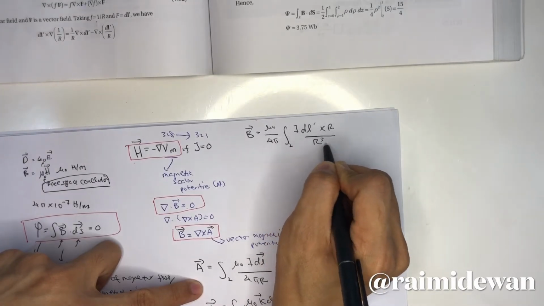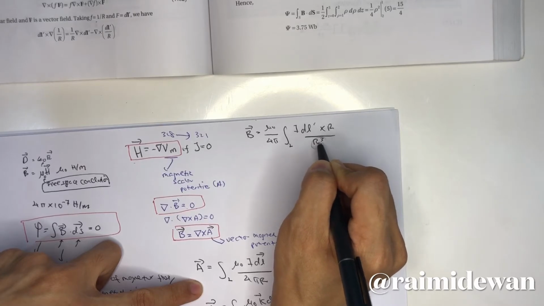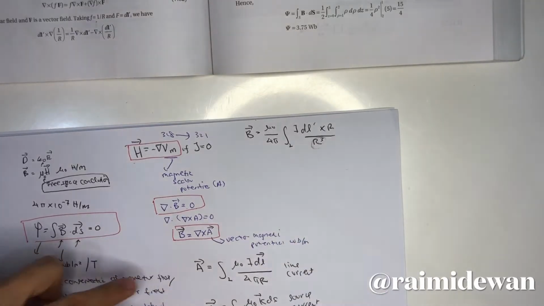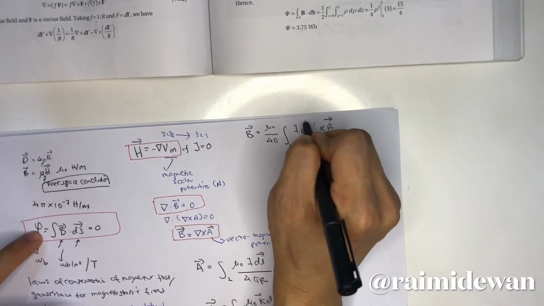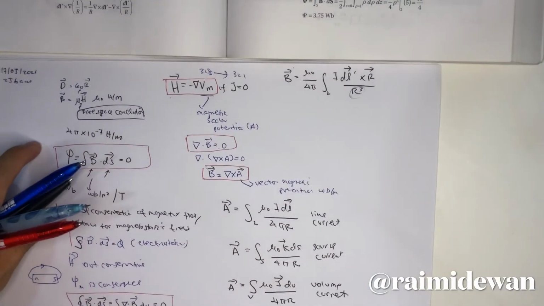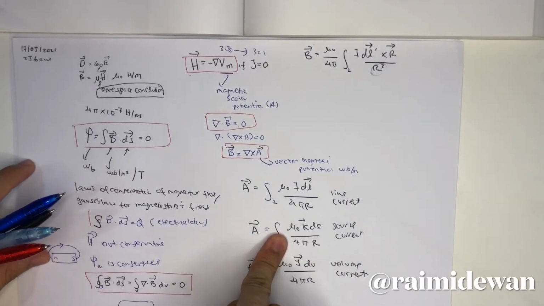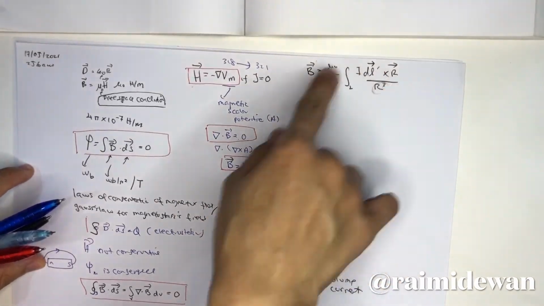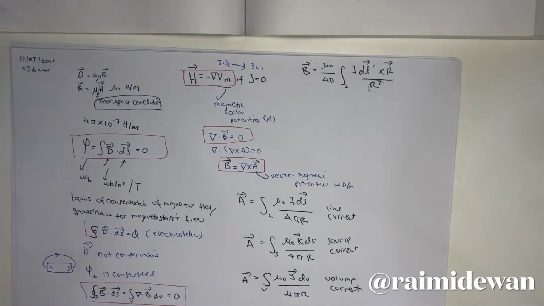I think you guys understand already, right? Just like electrostatic charge, R cubed is actually R squared and the unit vector. Similarly, you can try with the surface and volume currents, and you will get almost similar equations.